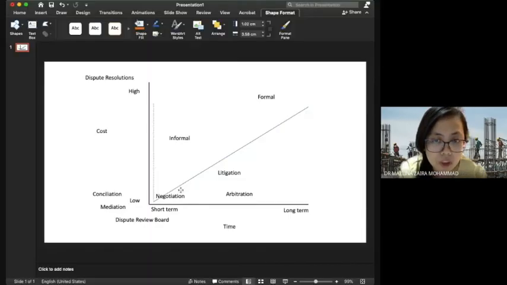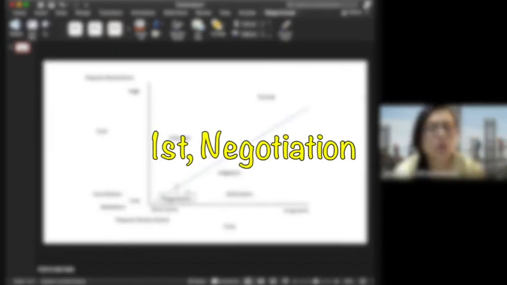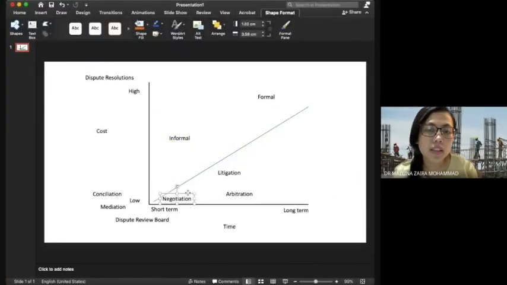Negotiation is the first option. Remember, the simplest and easiest way to solve a dispute is negotiation. Negotiation means the client can consider what the contractor can do, or the contractor can tolerate what the client wants. They solve it by themselves without any other parties, only between them. There is no mediator or conciliator involved.